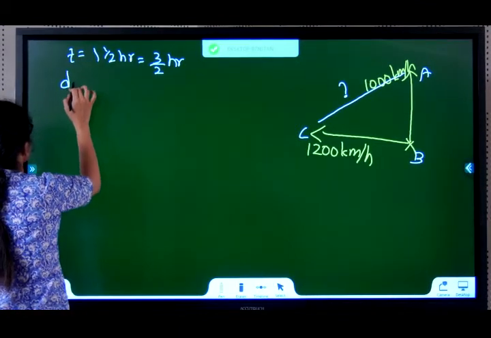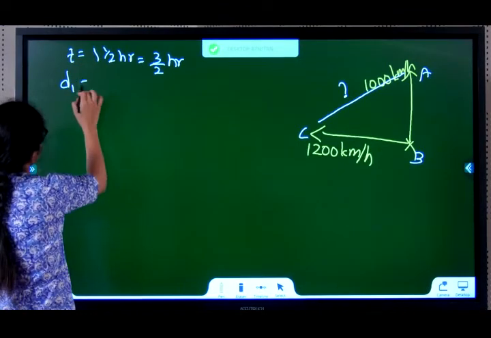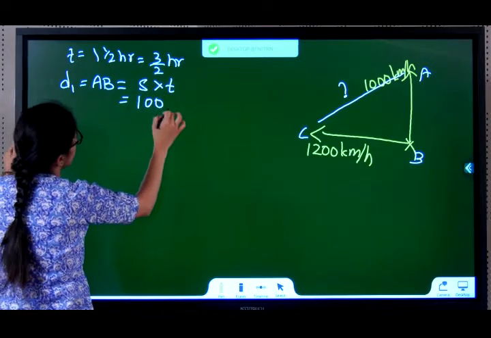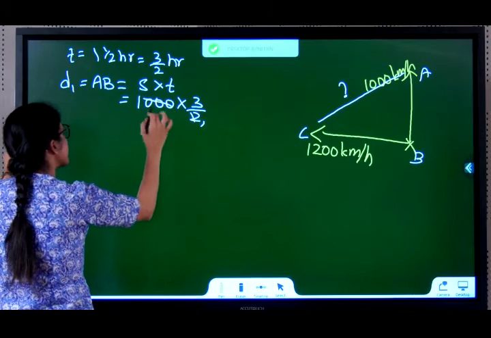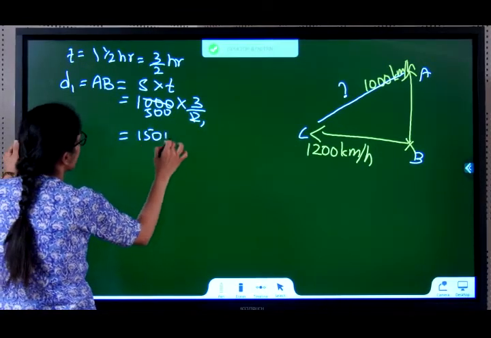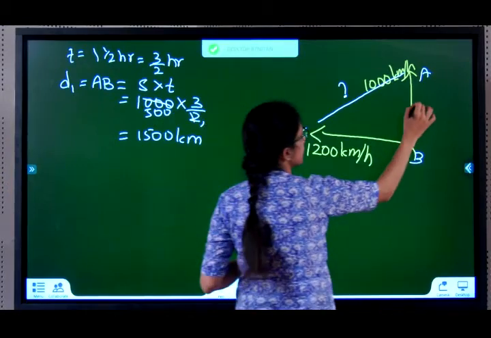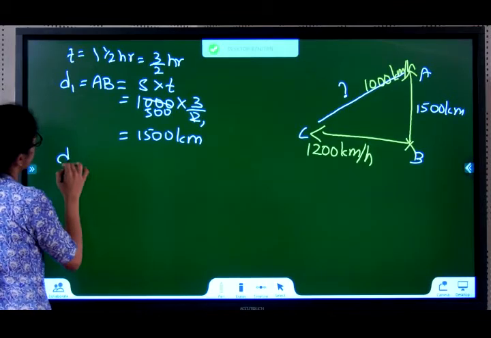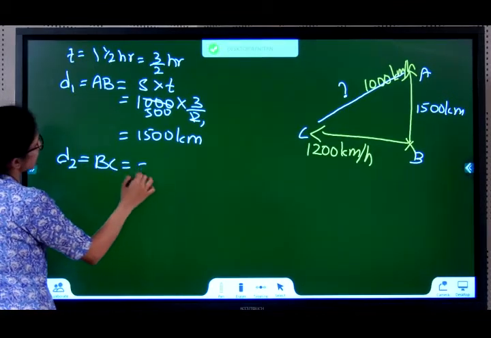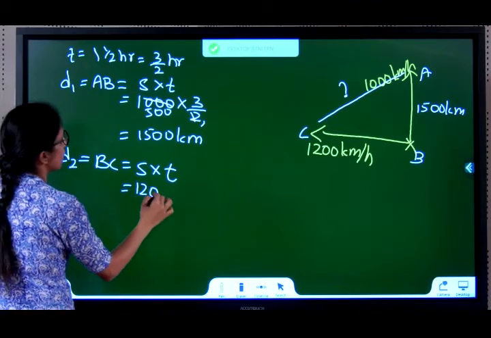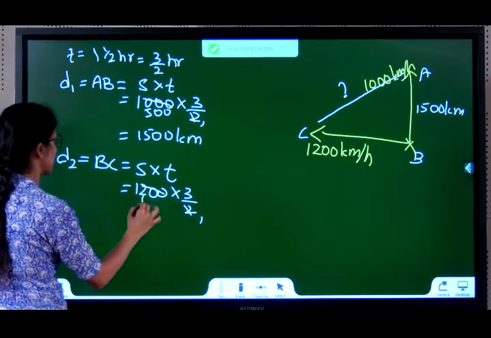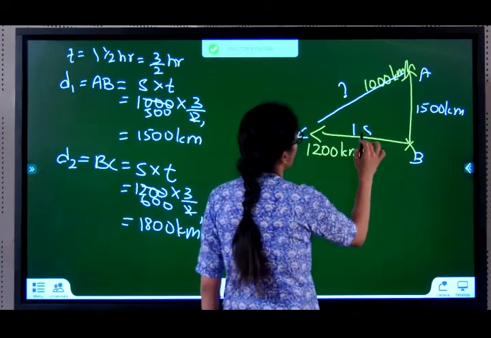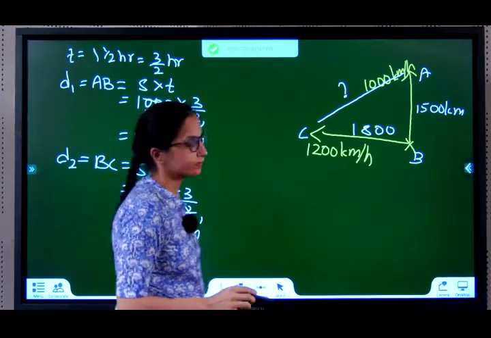Distance traveled by aeroplane 1 is AB, speed into time: 1000 into 3/2, 1500 kilometers. BC, distance traveled by plane 2, speed into time, 1200 into 3/2, 600 times 3, 1800 kilometers.